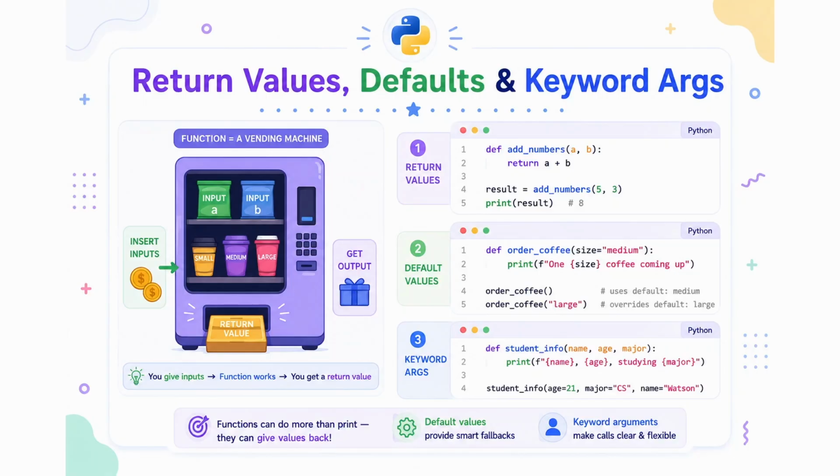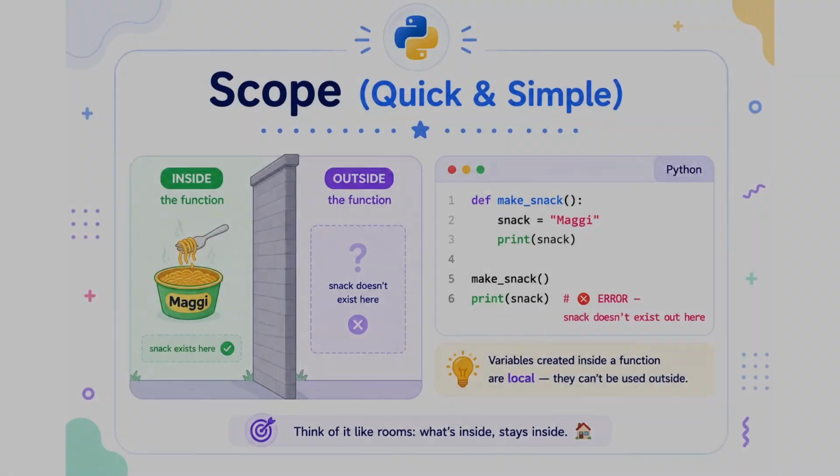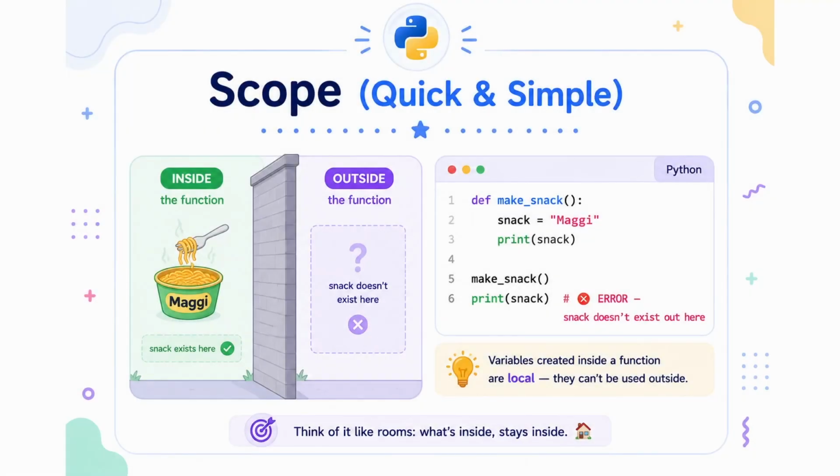Next up, default parameters. Sometimes you want a fallback value if nobody provides one. And keyword arguments, passing values by name instead of position. So order doesn't matter. Same output, totally different order, because we told Python exactly which value goes where. One more concept, scope.